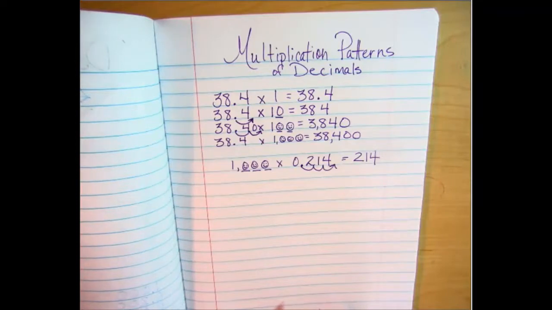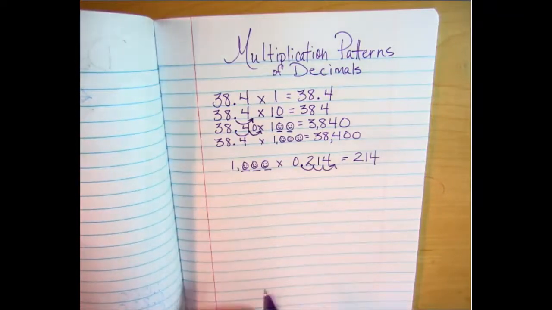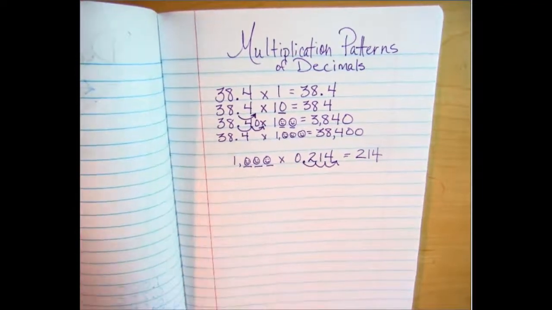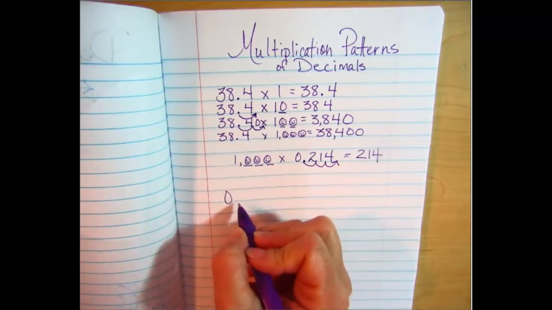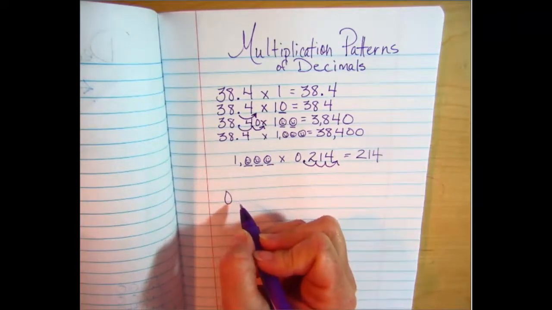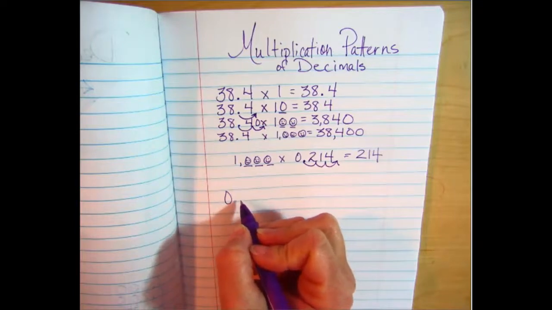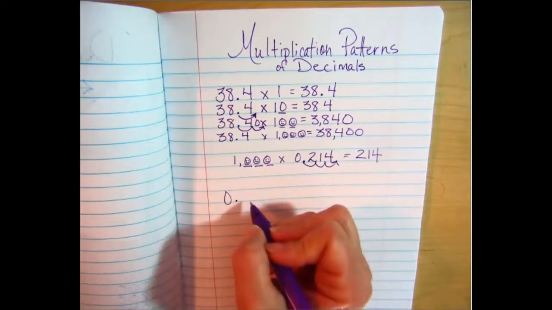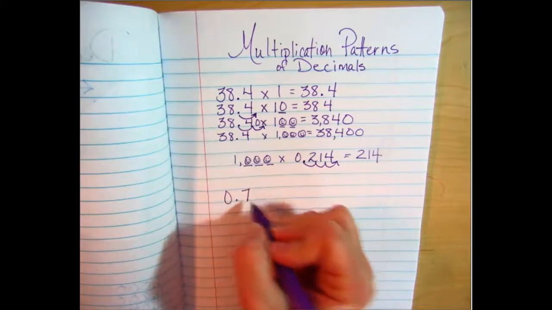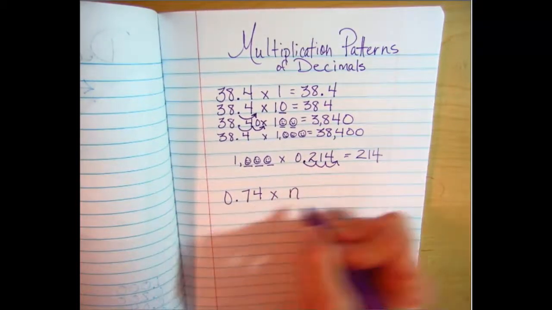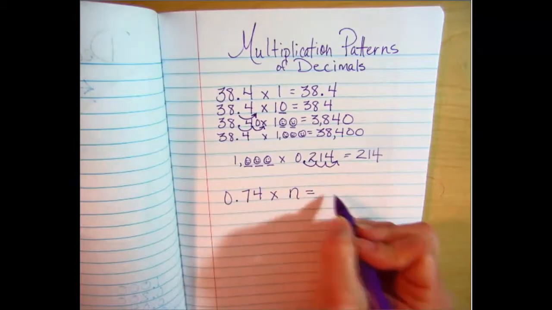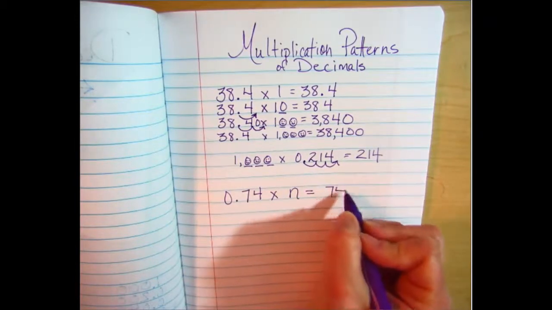Now, sometimes you're going to have to work backwards. And this is what we're going to practice on your sheet. So if I have, let's see, seventy-four hundredths times n equals 74.